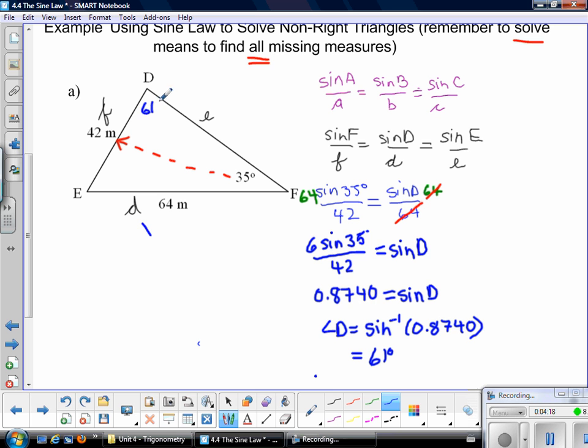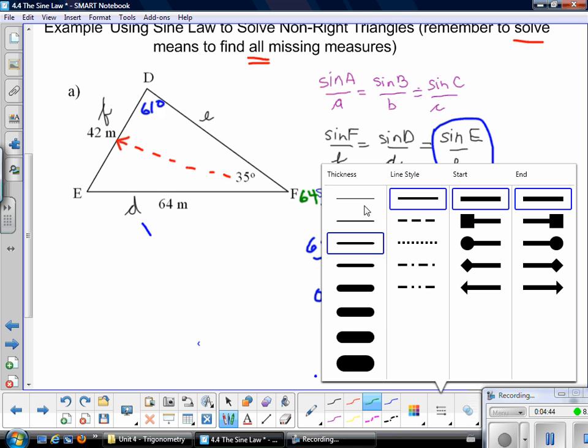Now, I'm still interested in angle E and side E. What do I know about that now? Do I have enough information to find this angle? I think I do. The reason being that we know that the sum of the interior angles of a triangle is 180 degrees. So that's what we're going to use to find that.